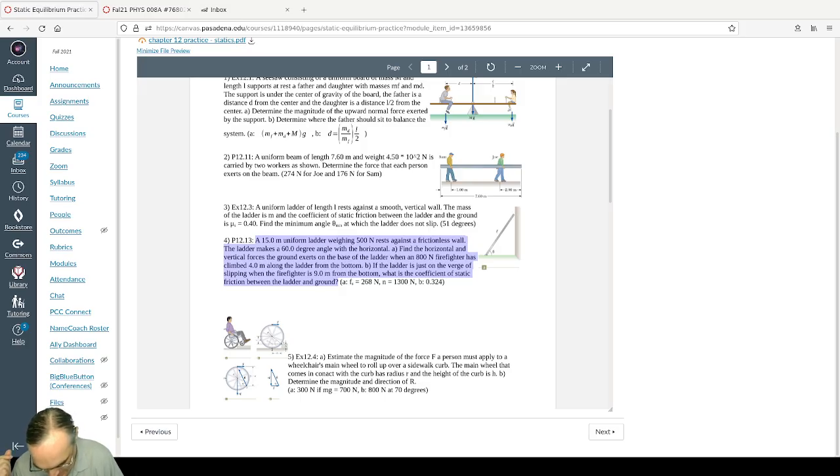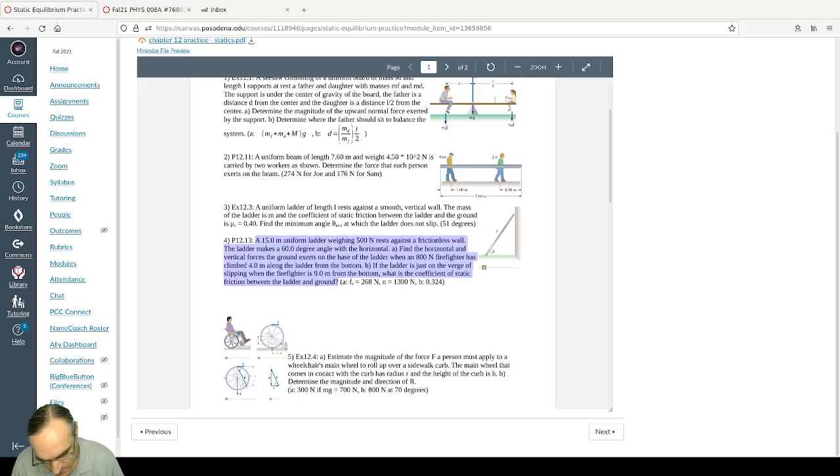Alright, so we've got the ladder in yellow. Length of the ladder is 15.0 meters and it is uniform. The weight of the ladder is 500 newtons.